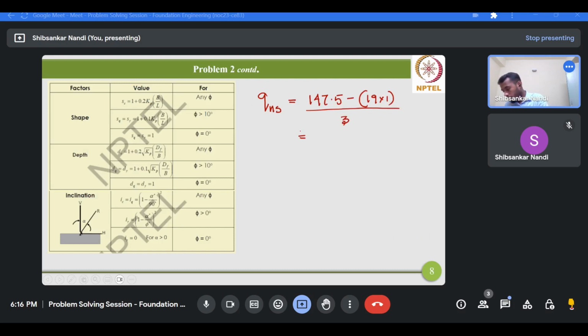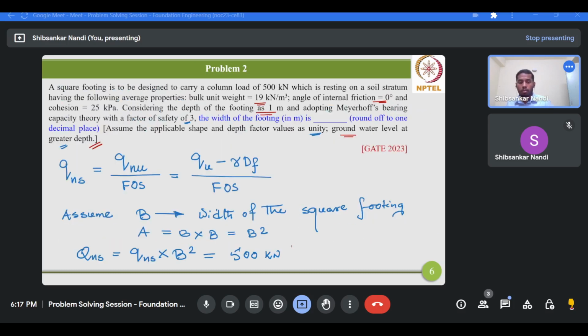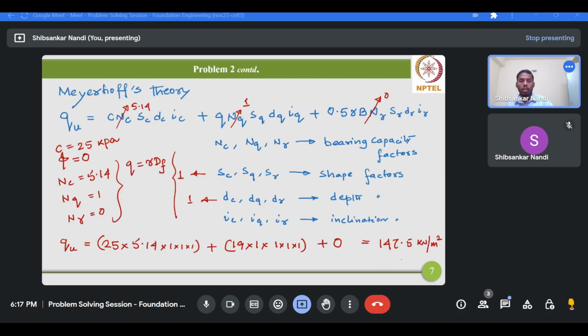So 147.5 minus 19 divided by 3, 42.83. So this is the net safe bearing capacity. So you can easily calculate the required footing dimension. So from here you can determine the B value as root under 500 by QNS.